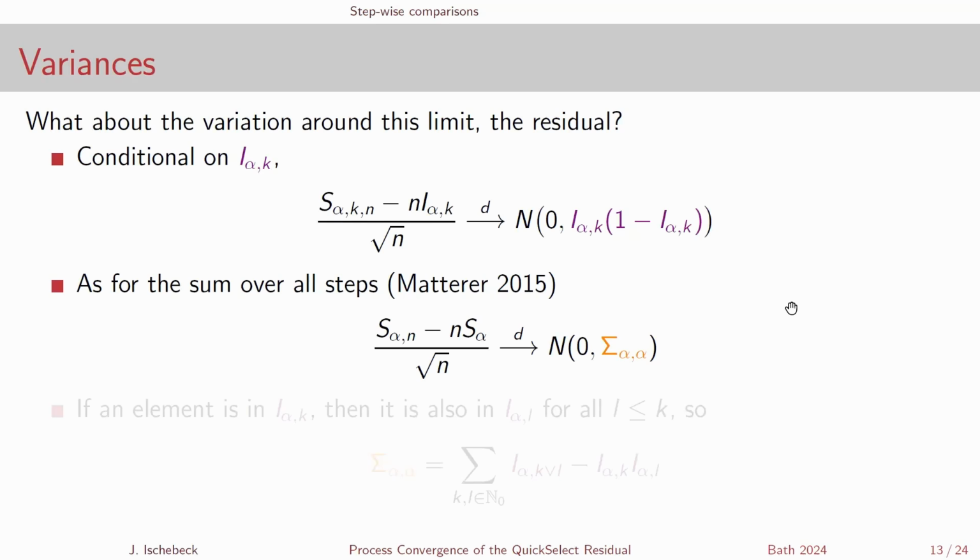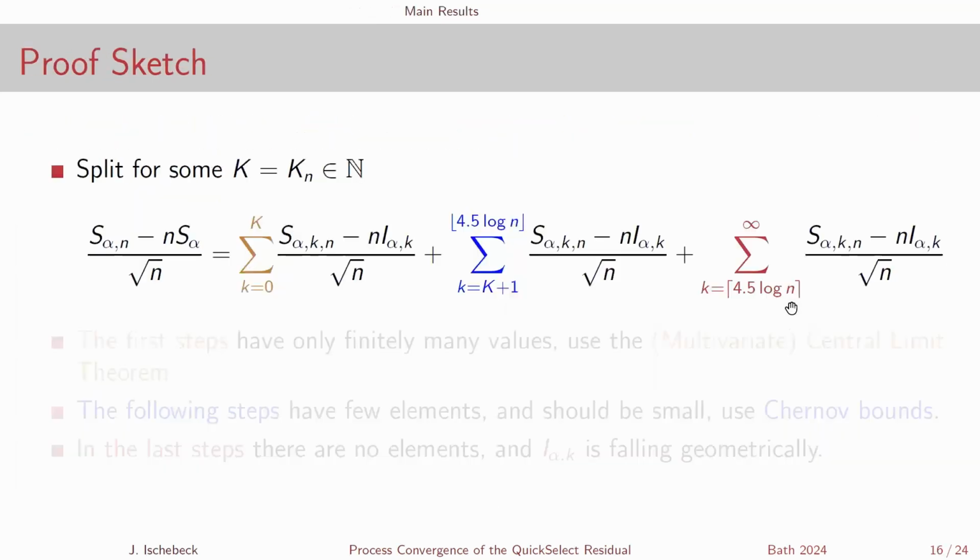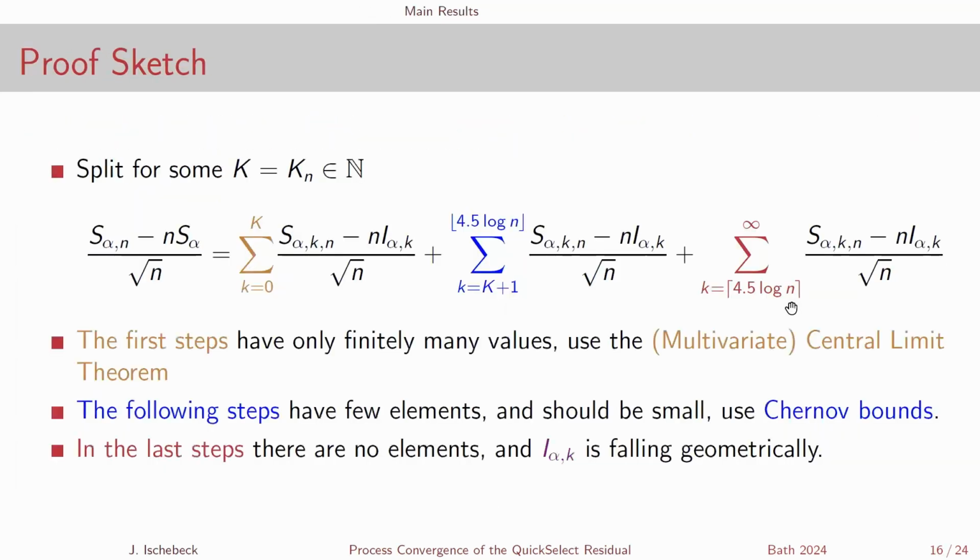There's one problem, and this is this step here, because in this step we can say that I alpha k is falling with some factor of 2/3 squared, which comes from its moments, and then we compare this with this 4.5 log n, which basically comes from the height of a binary search tree.